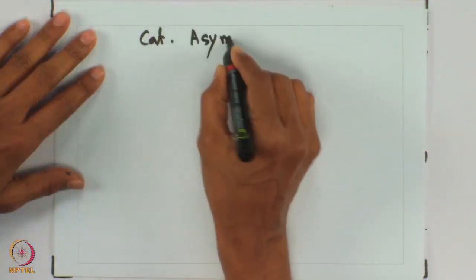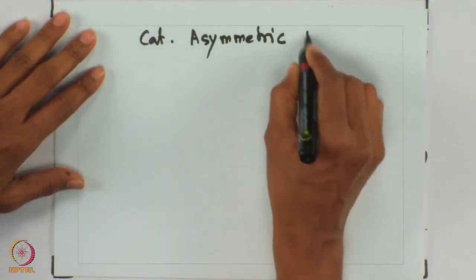Let us look at the asymmetric version of this Pauson-Khand reaction, which could be quite interesting because there are desired target molecules where we need this stereocenter to be generated. So, asymmetric Pauson-Khand reactions. Of course, these are again catalytic asymmetric Pauson-Khand reactions.